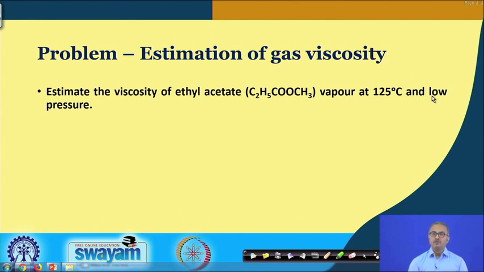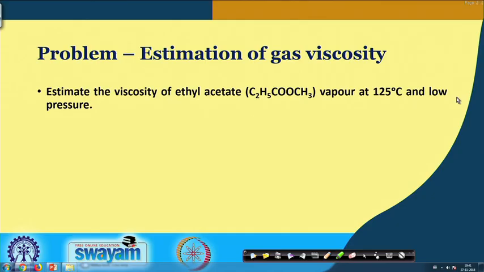And you see that the viscosity correlations are given for various types of pressure ranges, and what we understand by low is this: if the pressure is between 1 atmosphere and 5 atmosphere, we take it to be low pressure region. If the pressure is between 5 atmosphere and about 10 atmosphere, we take it to be moderate pressure, and more than 10 atmosphere is taken to be high pressure.